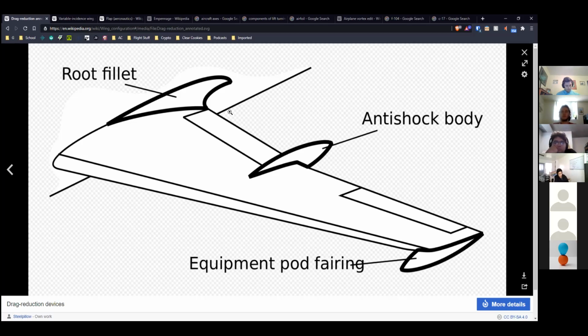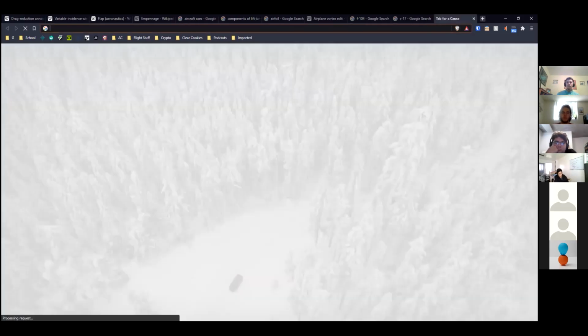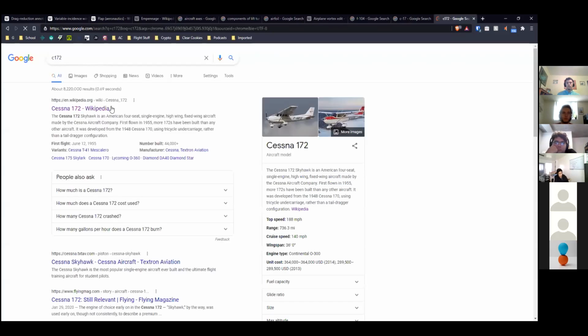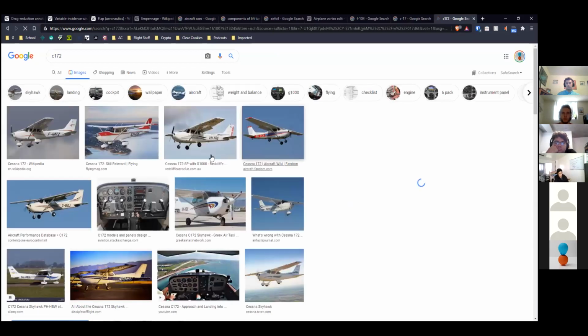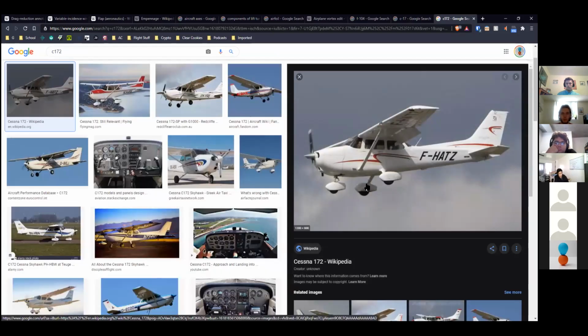But on the landing gear leg that's right below that, they do have fillets because that strut would have interference drag with the body, which would be annoying.